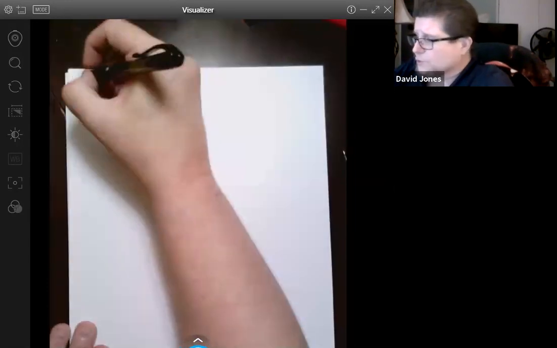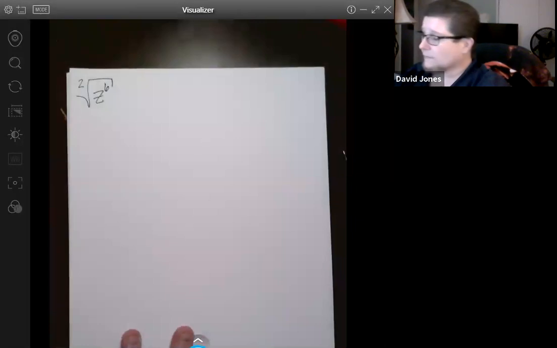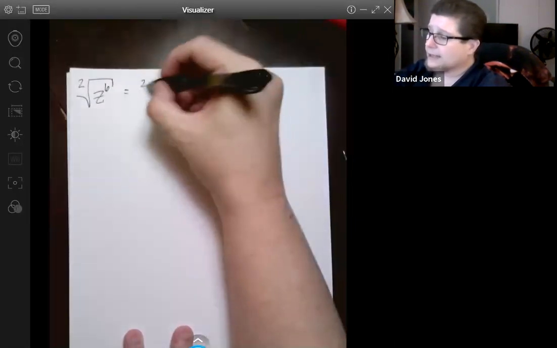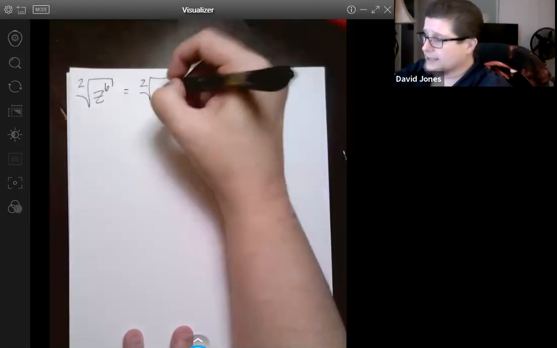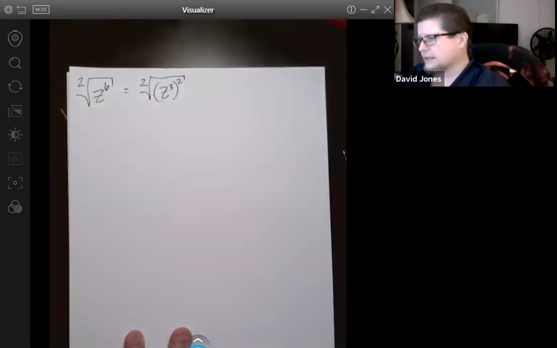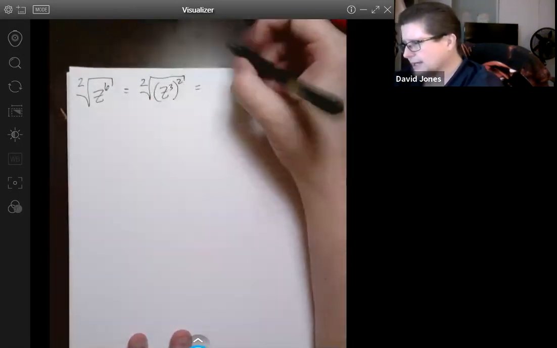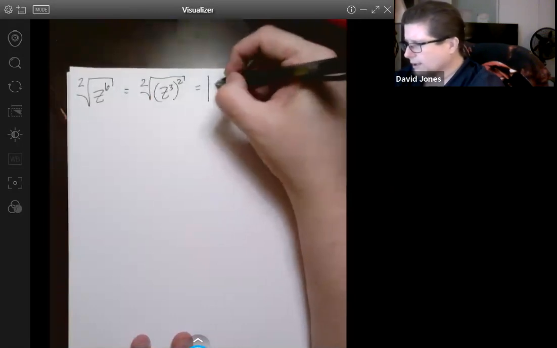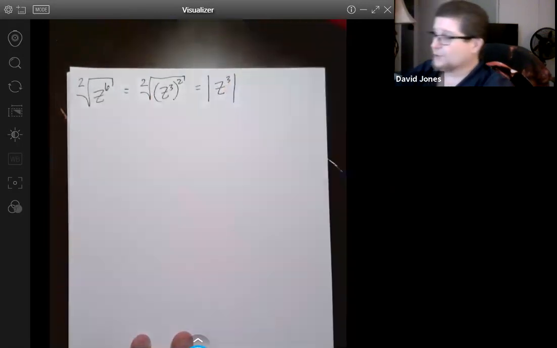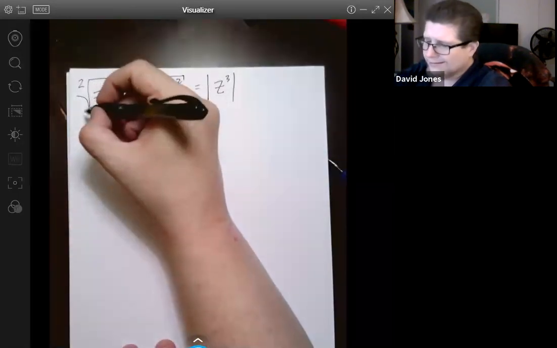So let's do the square root of z to the 6th power. I could rewrite this as the square root of z cubed squared. And with the variables, I want the 2 on the index and the 2 in the exponent to cancel. We're going to leave behind the absolute value of z cubed. Okay? Note, this is funny.